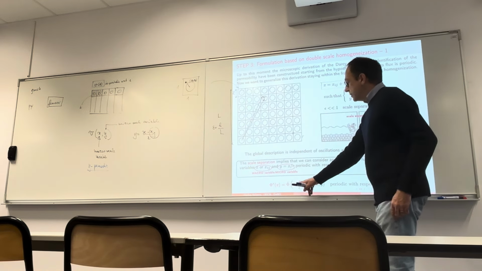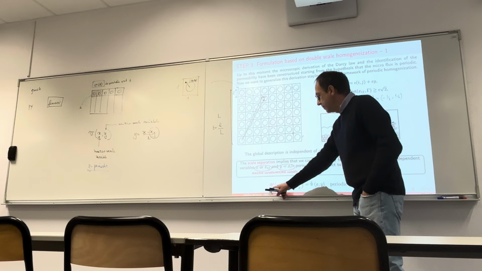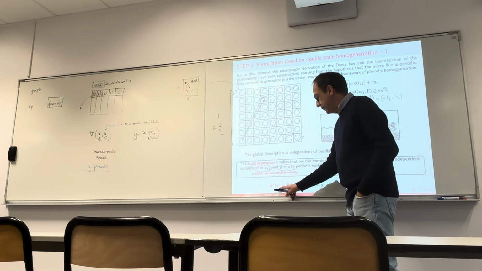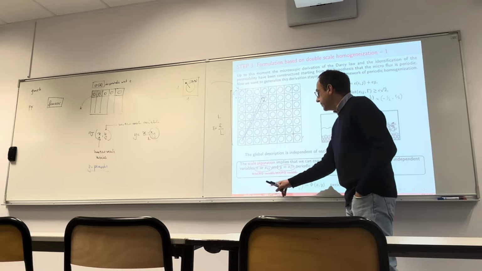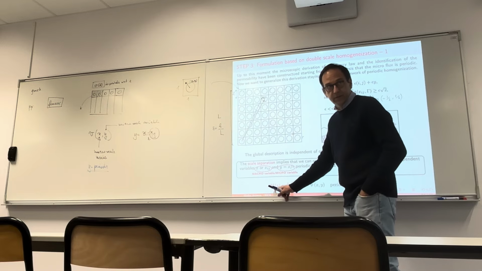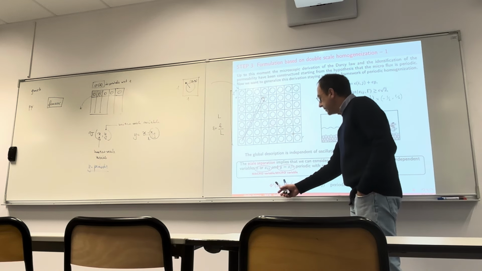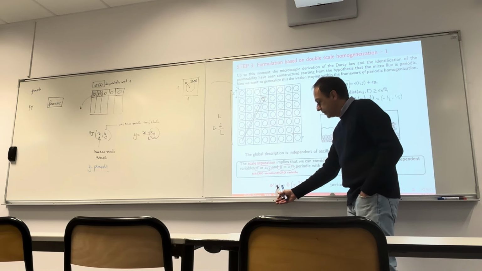Why? Because obviously, when playing with this field, phi epsilon of x, we have to consider derivatives of this object. Derivatives with respect to what? With respect to time, okay, but more important with respect to x.